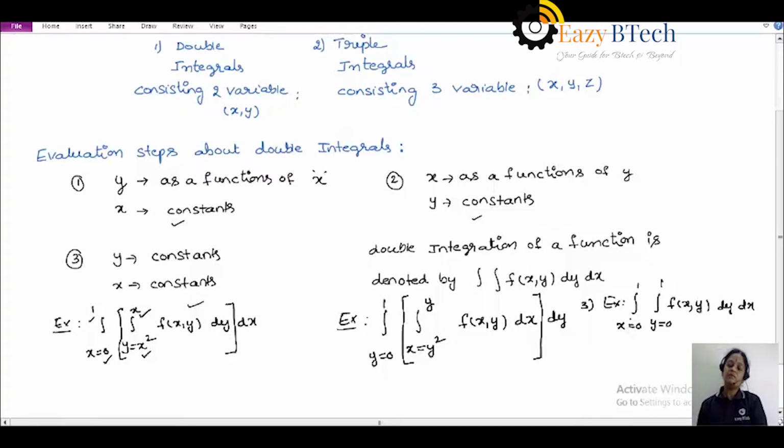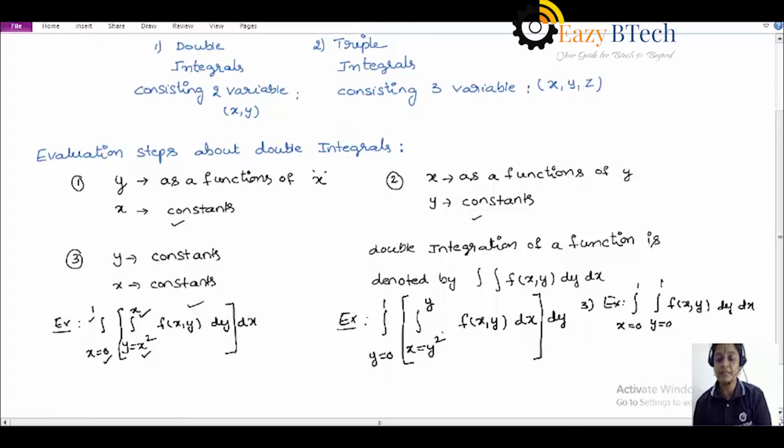Then we may integrate with respect to y first, or with respect to x first. But one thing to remember: if y limits are functions of x and x limits are constants, then first integrate with respect to y and then with respect to x.